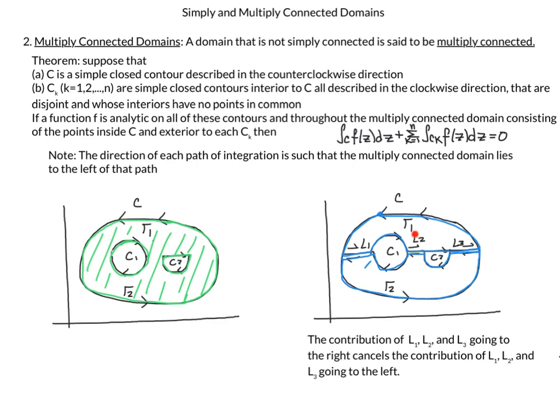So they're going to have the same integral value, except this direction is going to be the negative of the other direction, meaning that when I add them together, they're going to cancel out. So even though I added lines L1, L2, L3, in effect, their contribution is going to cancel out, and I'm just going to be left with the path integral around C, C1, and C2.